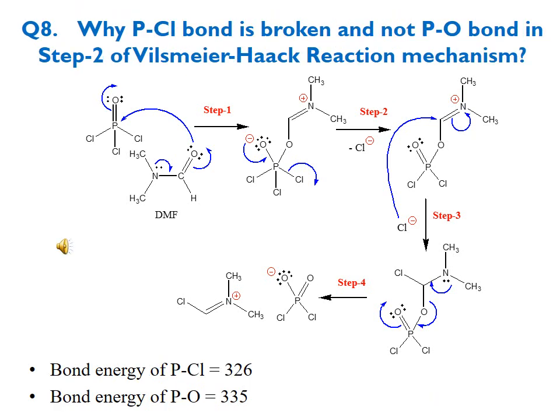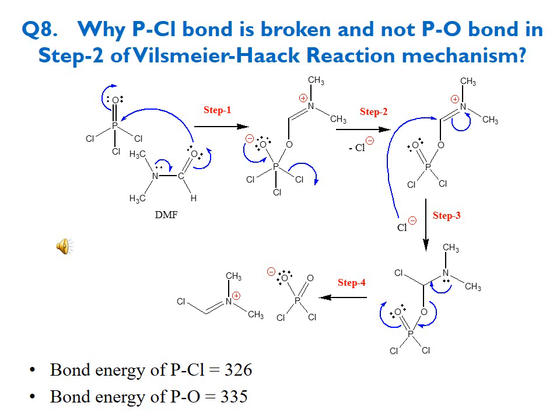Another question from step 2 of the Vilsmeier-Haack reaction mechanism: why is the P-Cl bond broken and not the P-O bond? After the attack of DMF on the phosphoryl chloride, we get the intermediate in which the oxygen attached to phosphorus is negatively charged, and when this negative charge comes back to phosphorus, it makes a double bond, and at the same time the P-Cl bond breaks and we get the Cl minus ion.